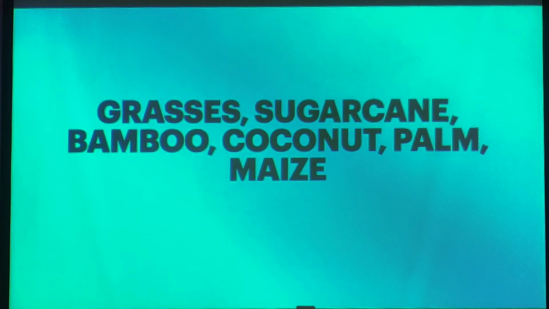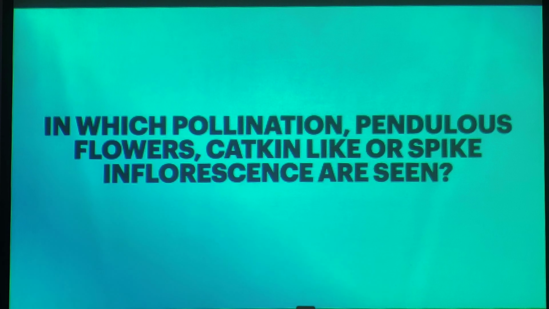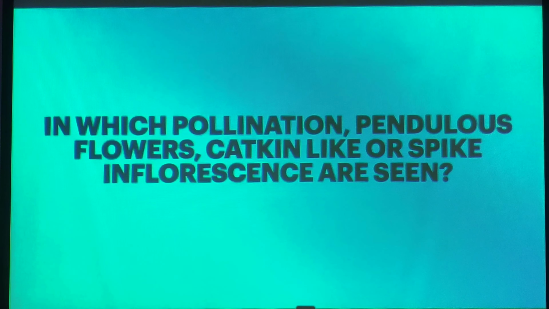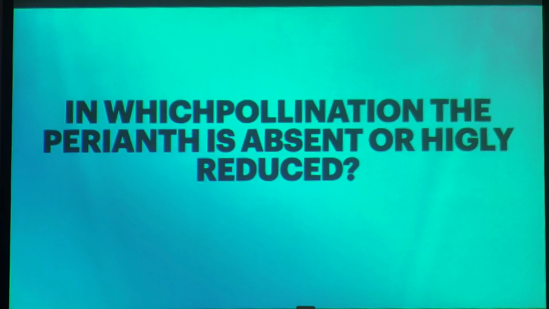Grasses, sugarcane, bamboo, coconut, palm, maize. In which pollination pendulous flowers, catkin-like or spike inflorescence are seen? Anemophily or wind pollination. In which pollination the perianth is absent or highly reduced?